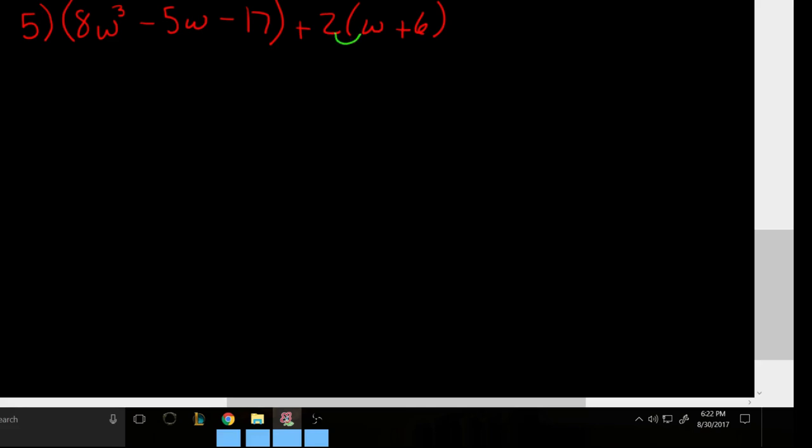We'll do 2 times w, and then 2 times 6. 2 times w is 2w, and 2 times 6 is a positive 12. Also keep in mind that this 2 times w is a positive 2w. And then we can bring down everything else that we didn't really work with here. So we've got parentheses, 8w cubed minus 5w minus 17 in parentheses. And I'll go ahead and shift the rest of this over.